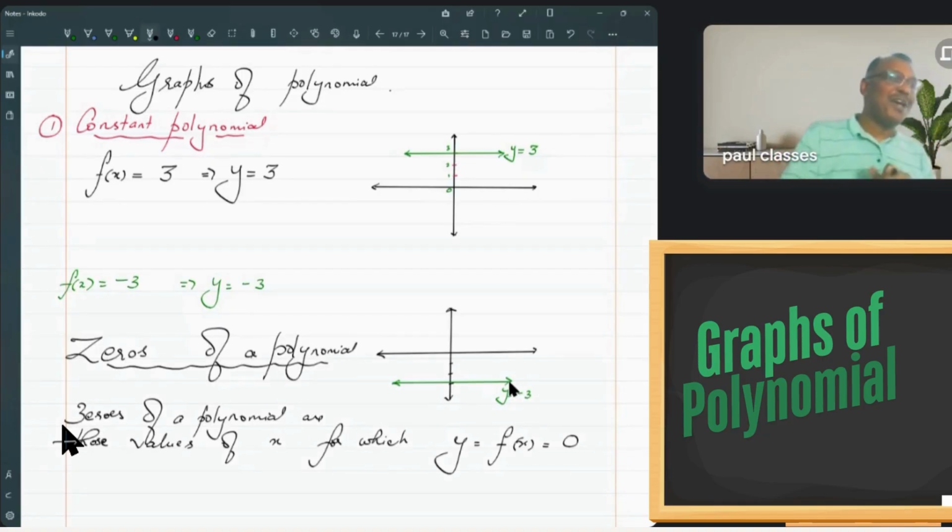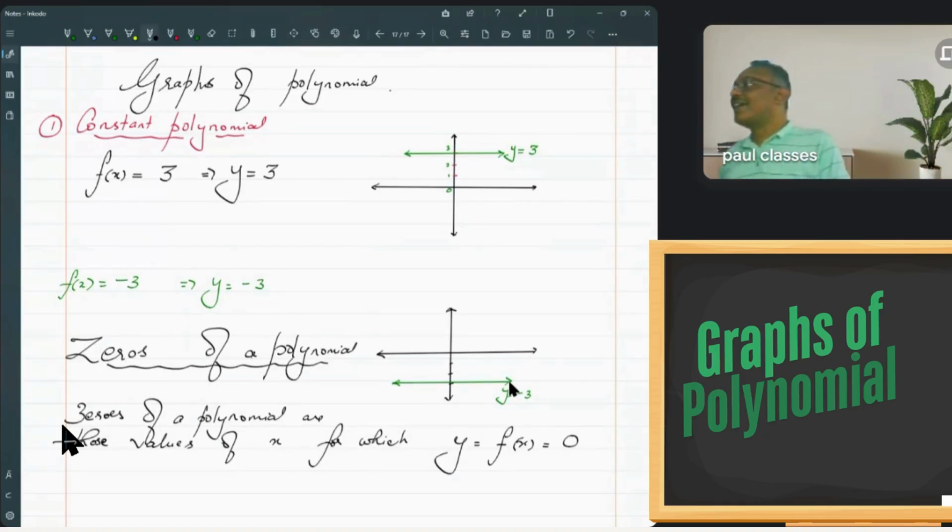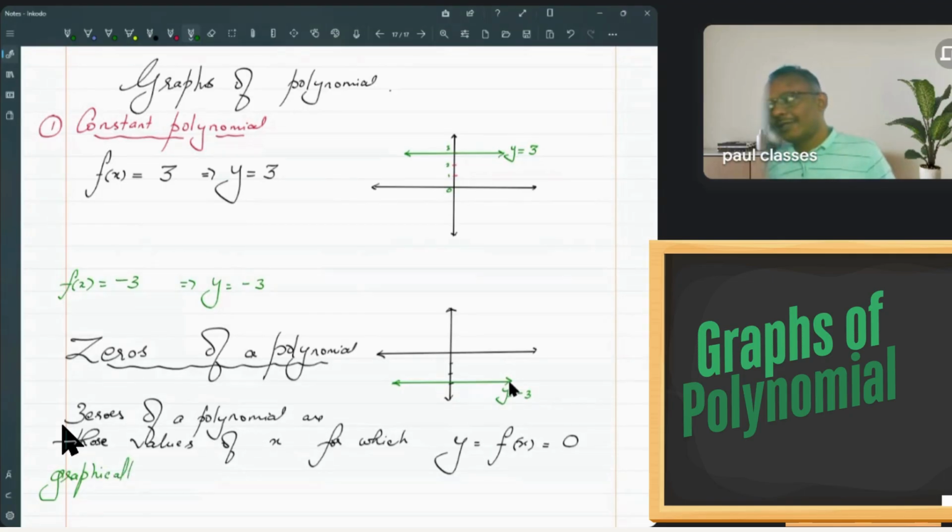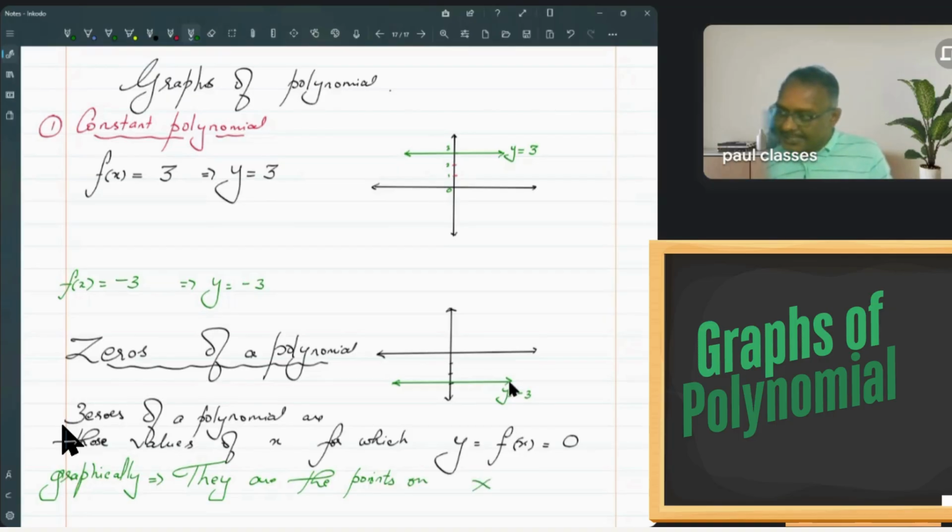अभी ग्राफ में हम इसको कैसे दिखाएं? Graphically they are the points on x-axis where the graph cuts.